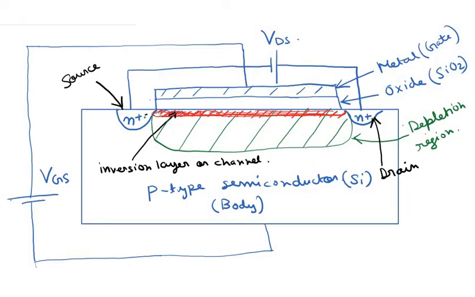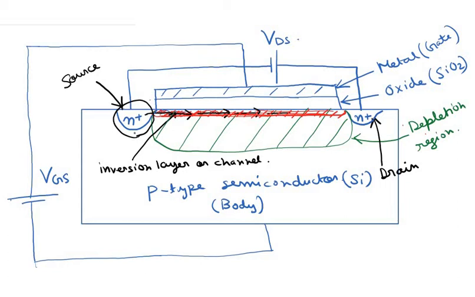So this source is injecting electrons in this channel, and then these electrons flow due to the horizontal electric field which is present due to this voltage source VDS, and the drain basically collects these electrons. So this N plus region over here is known as the source because it injects electrons into the channel, so it acts as a source for electrons.